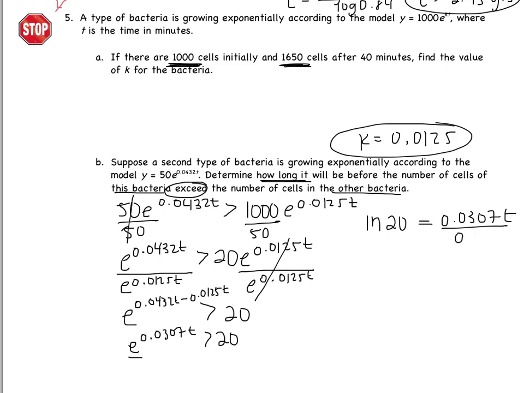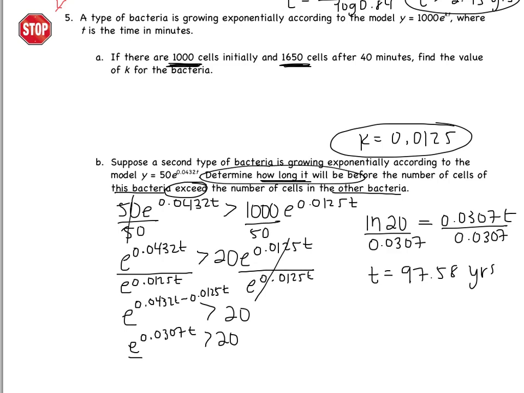Now I'm going to divide by 0.0307 on both sides. I have to make sure that when I do the natural log in my calculator, I do natural log of 20, end the parentheses, and then divide by 0.0307. When I do that, I get t to be 97.58 years.